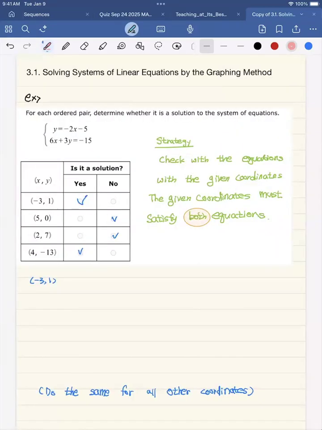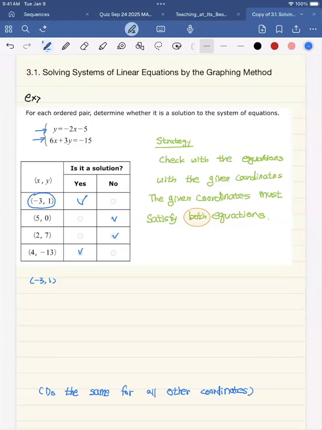Let's do the first problem. The first problem is: for each ordered pair, determine whether it is a solution to the system of equations. I said solving systems of linear equations means the given coordinates must satisfy both linear equations.